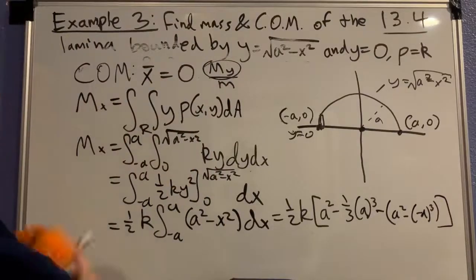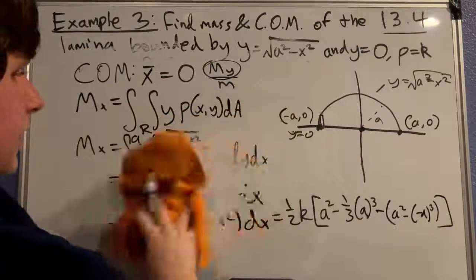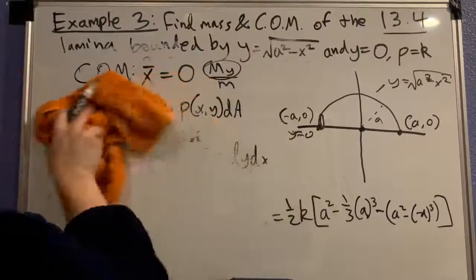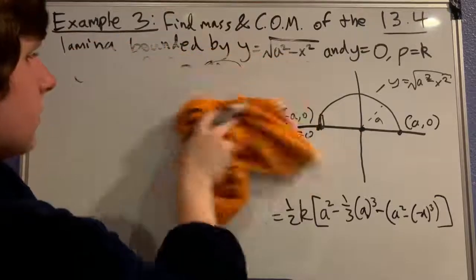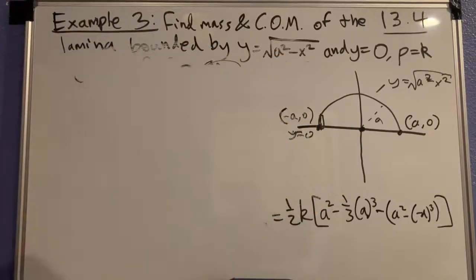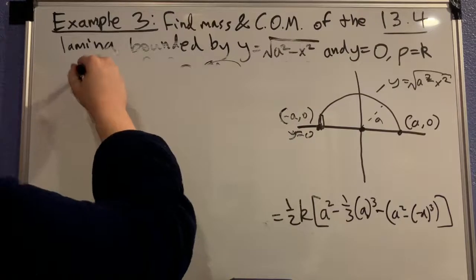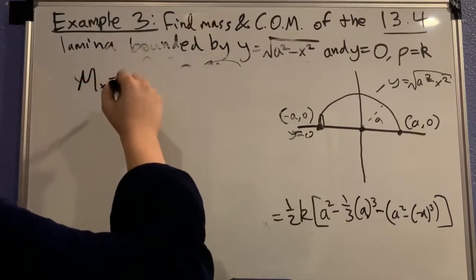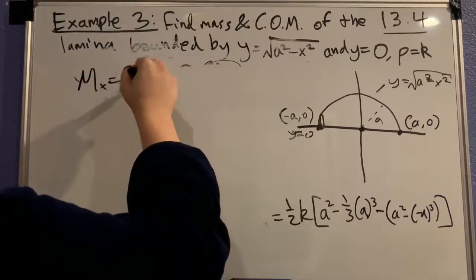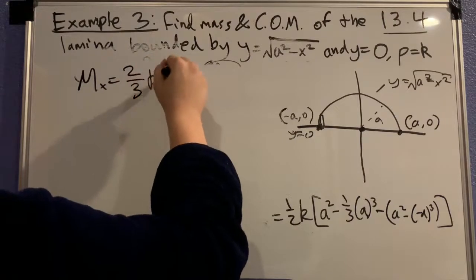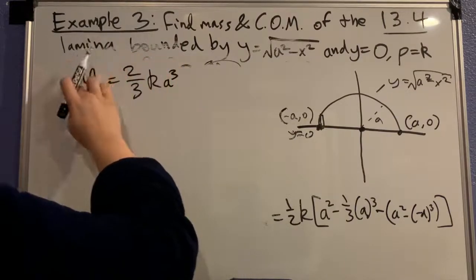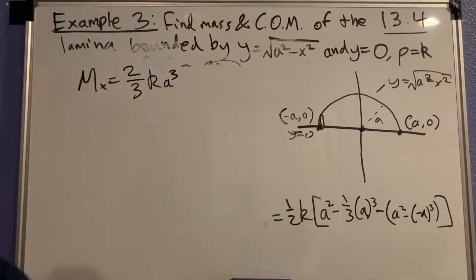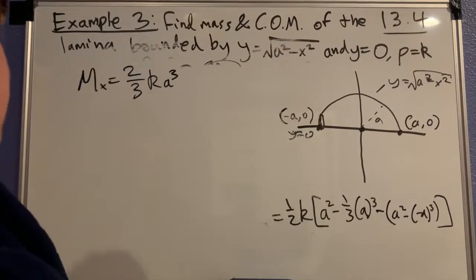Now, I don't have enough space, so I'm going to erase this. Now that is just equal to 2/3 k a cubed.